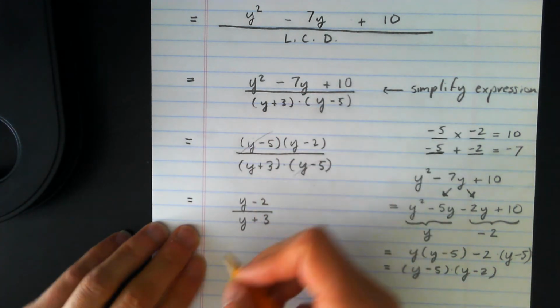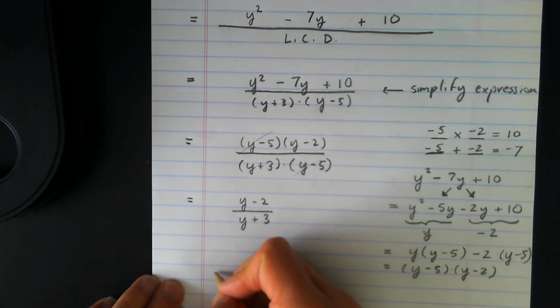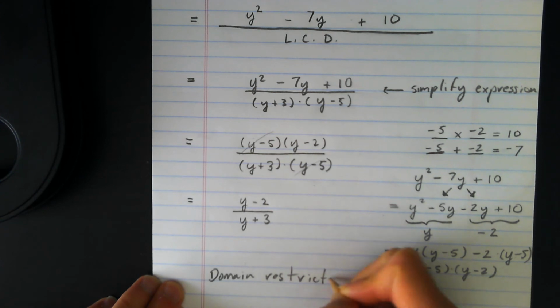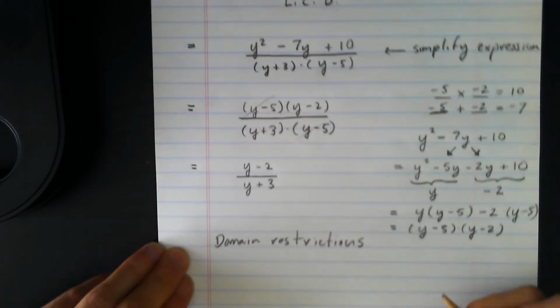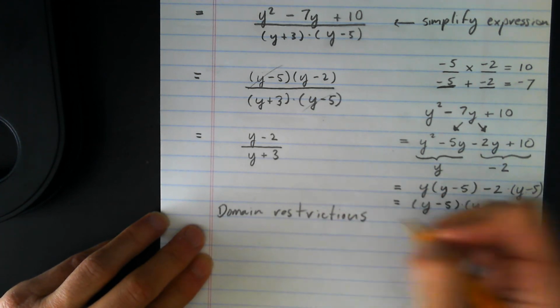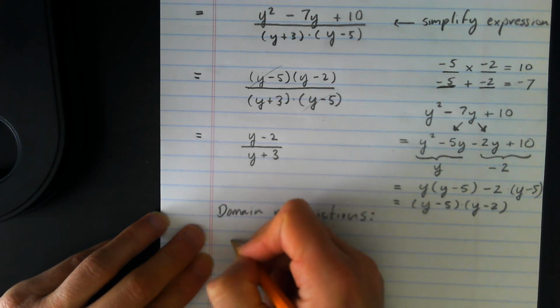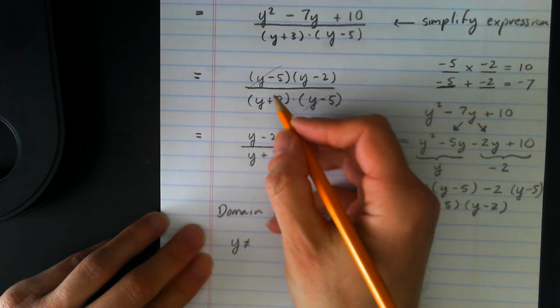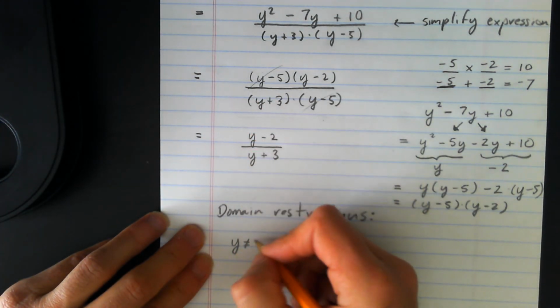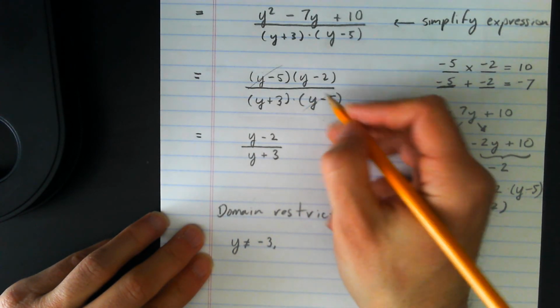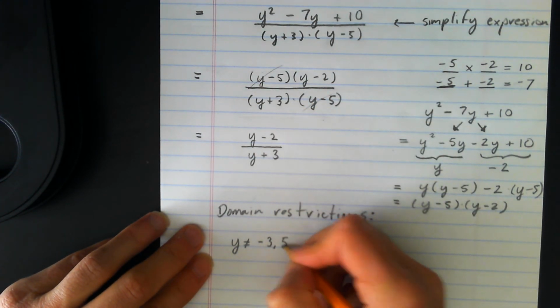So in this case, we need to say that y is not equal to minus 3 from this factor and plus 5 from this factor.